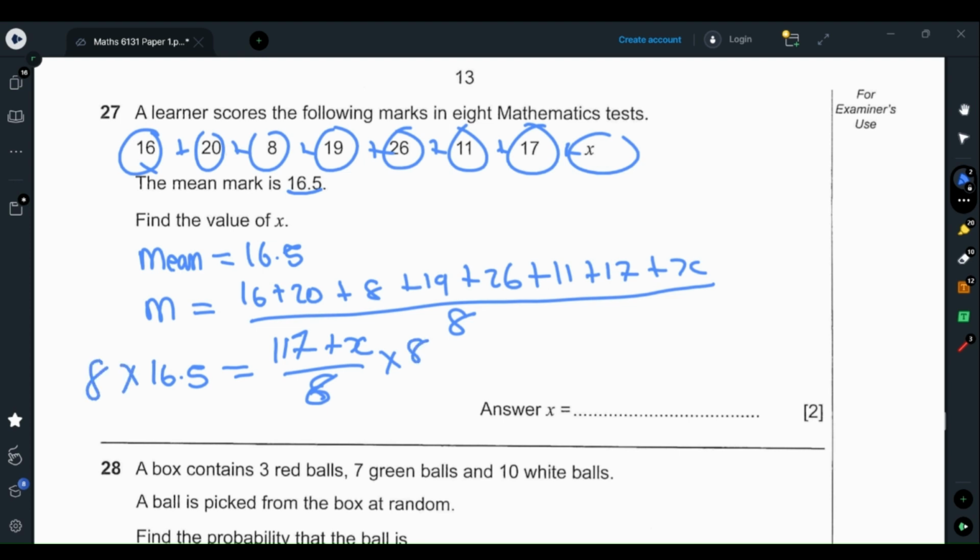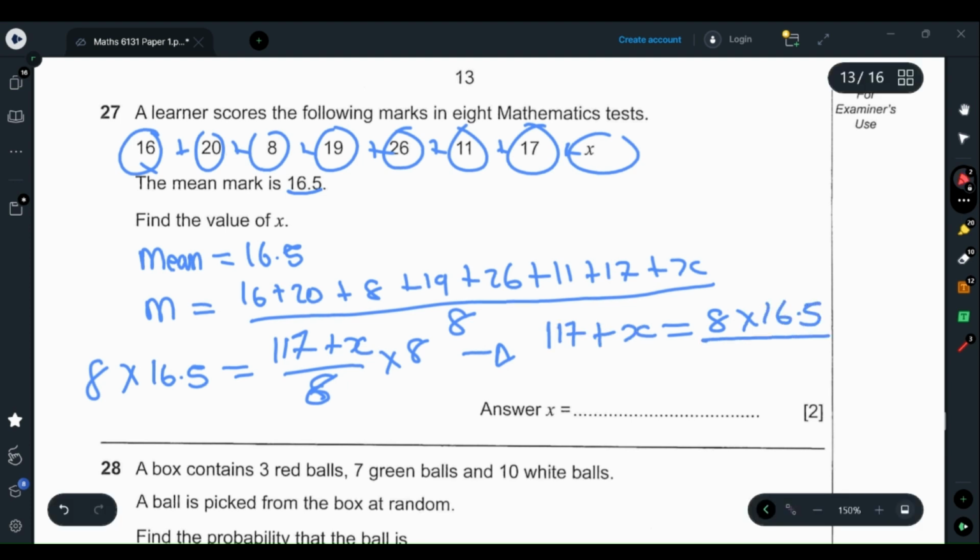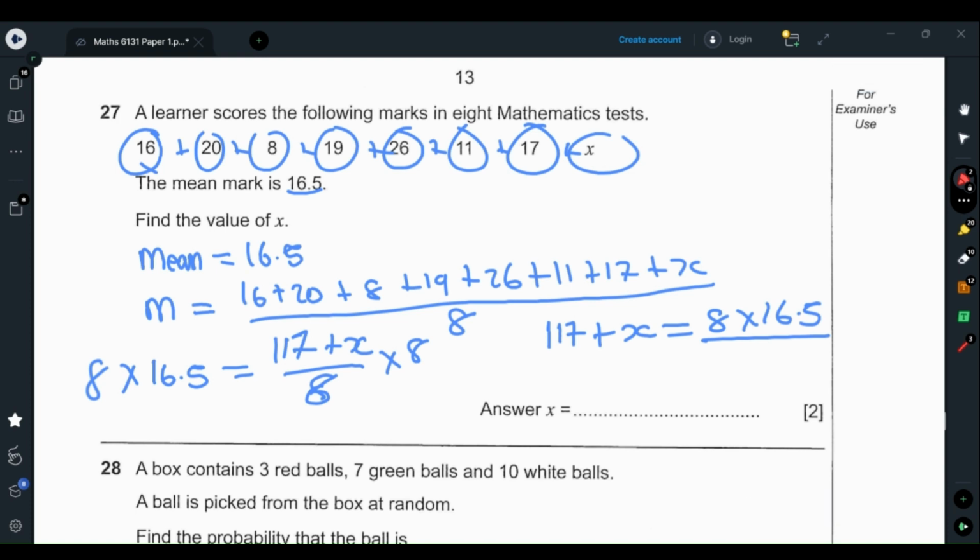Multiply by 8 on that side. Therefore what we have is 117 plus x is equal to 8 times 16.5.